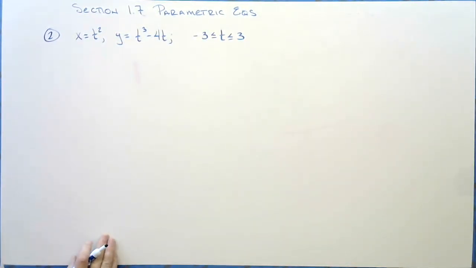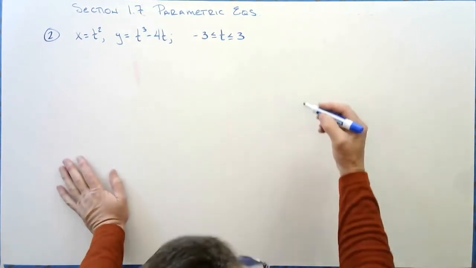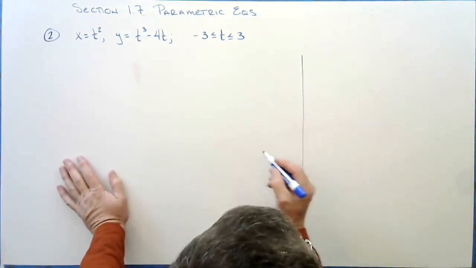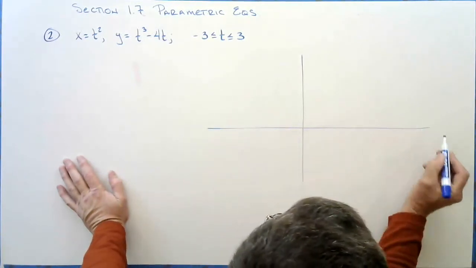And the instructions say, sketch the curve using the parametric equations to plot points, indicate with an arrow the direction in which the curve is traced as t increases. So they want us to sketch this curve.